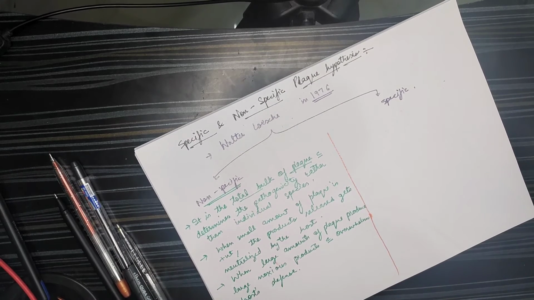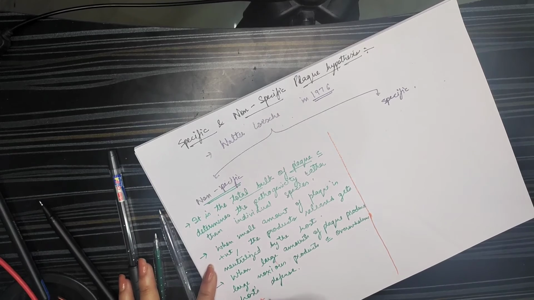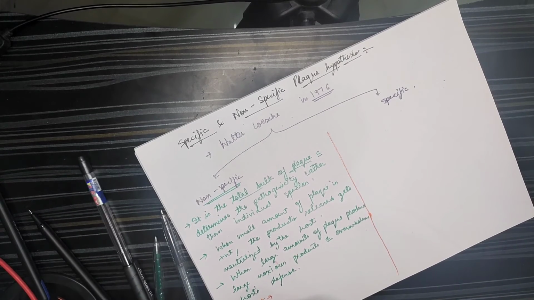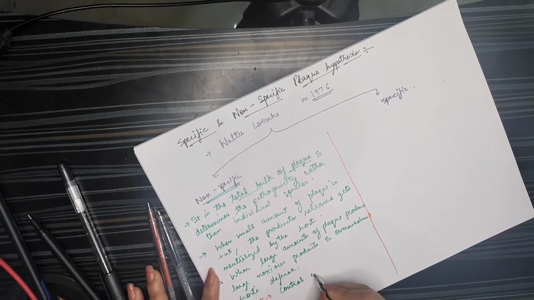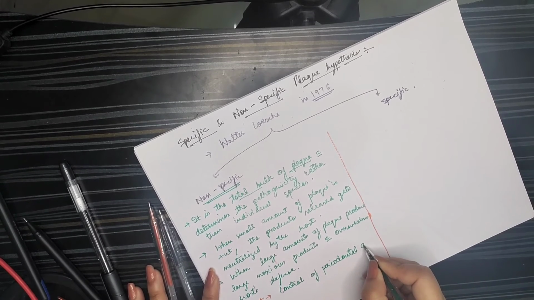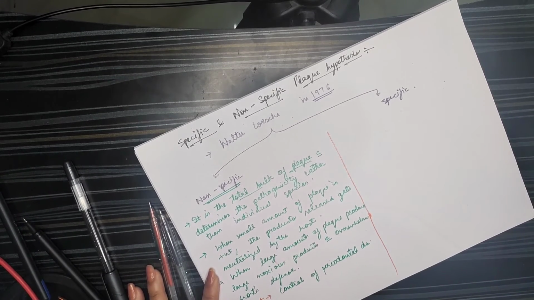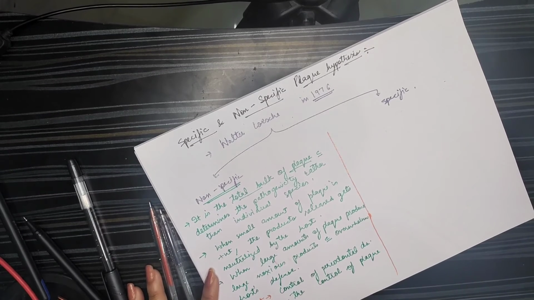Okay. Now the concept is that control of periodontal disease depends on the control of plaque accumulation.